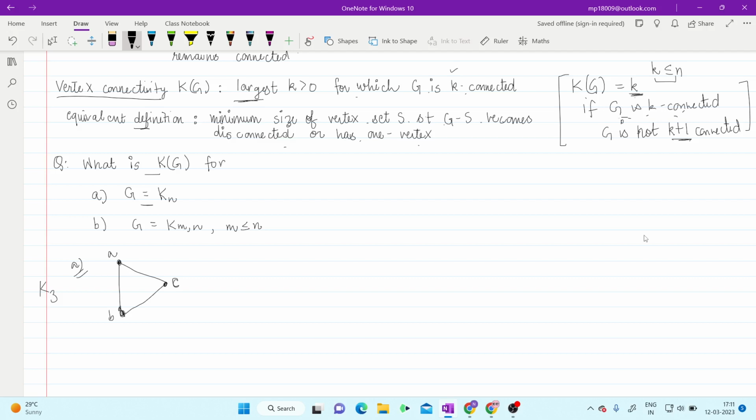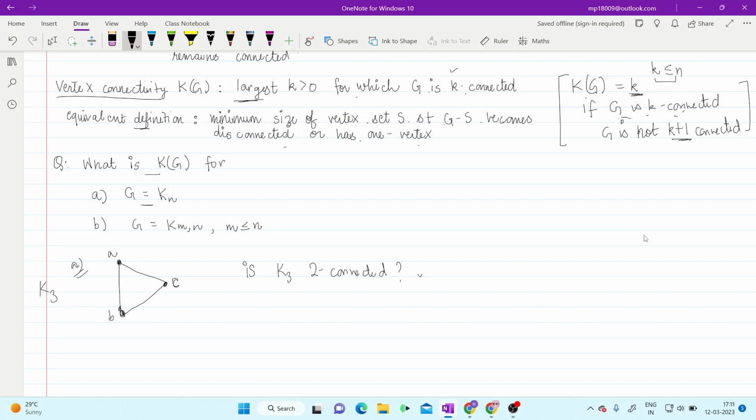What do you think? Is K3 2 connected? Yes, ma'am.